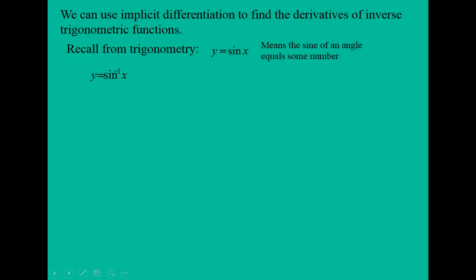Now, y equals the sine of x means the sine of an angle equals some number. But when we're looking at the inverse, the inputs for the inverse would mean the sine of some number equals an angle.